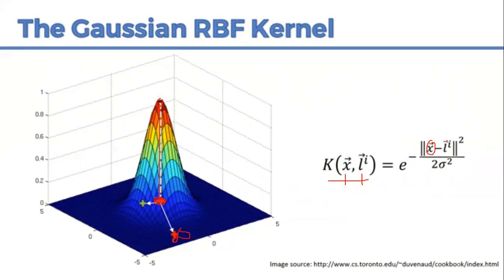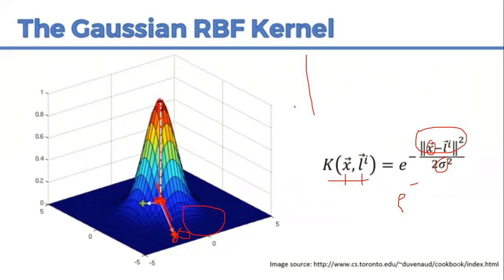then the distance from the landmark becomes really huge, and if you take the square, this whole quantity becomes very big, and for any standard deviation you choose, this quantity is still big. So e to the power negative of a very huge number will give you a value close to zero, right?